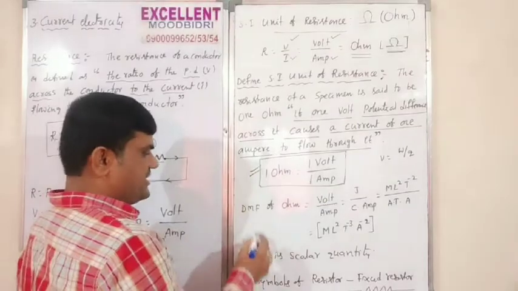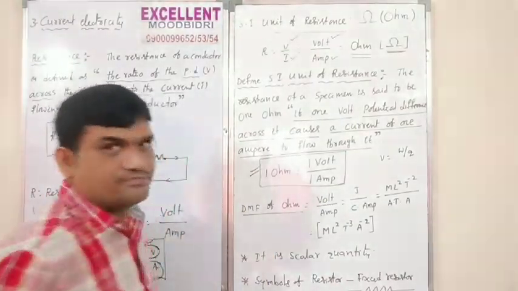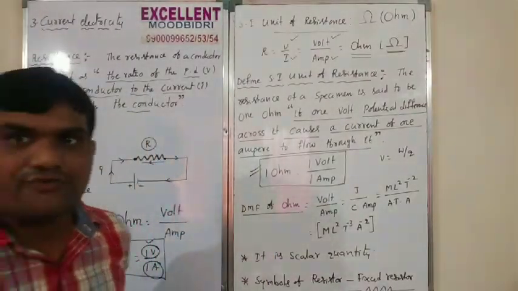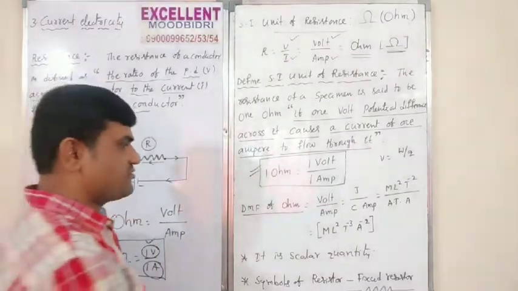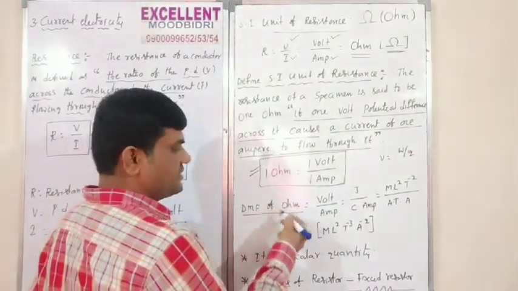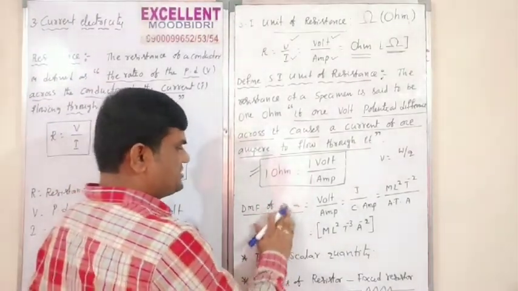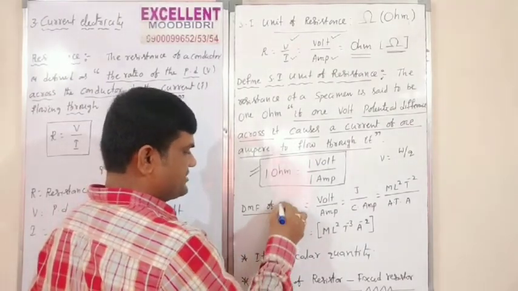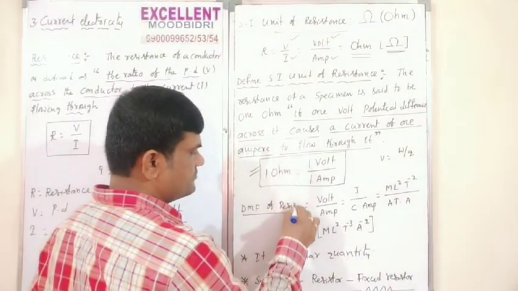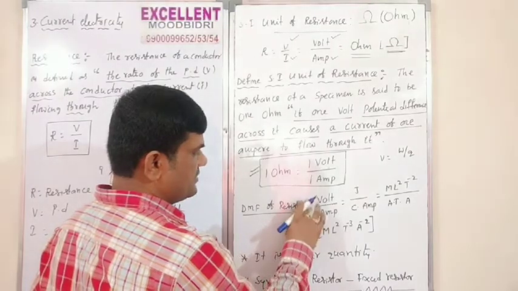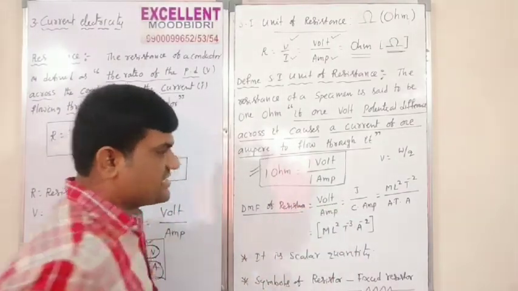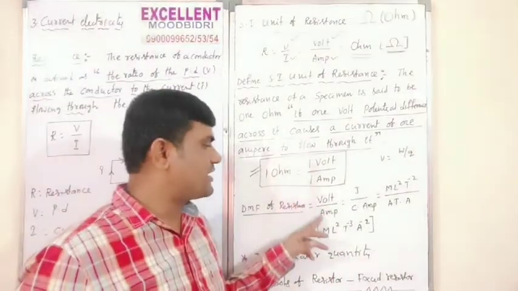Finished. Next one, dimensional formula of resistance. Resistance. What is the SI unit? Volt per ampere only, right?